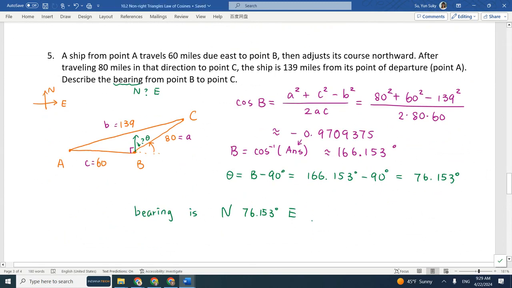So we have done many examples about the law of cosines, either the two cases, side, angle, side, or side, side, side. Okay, everybody?